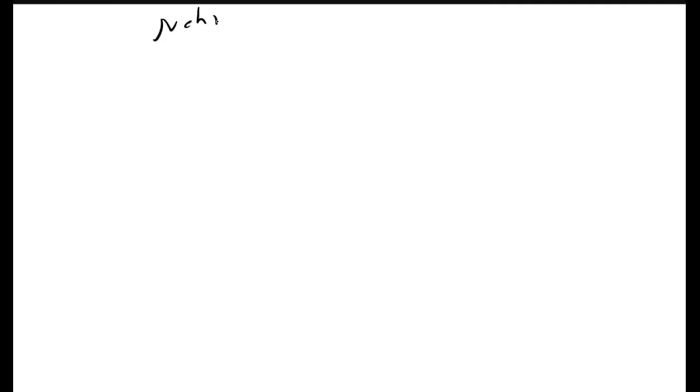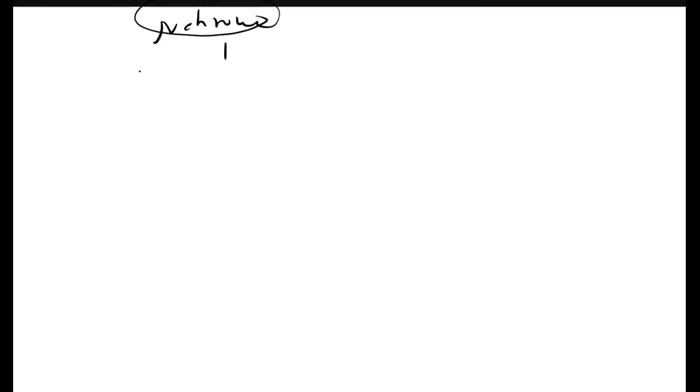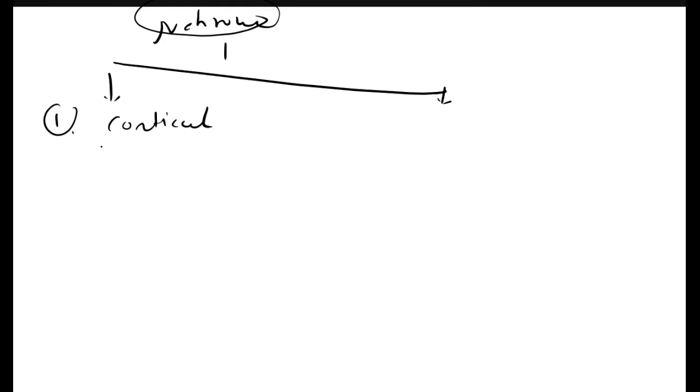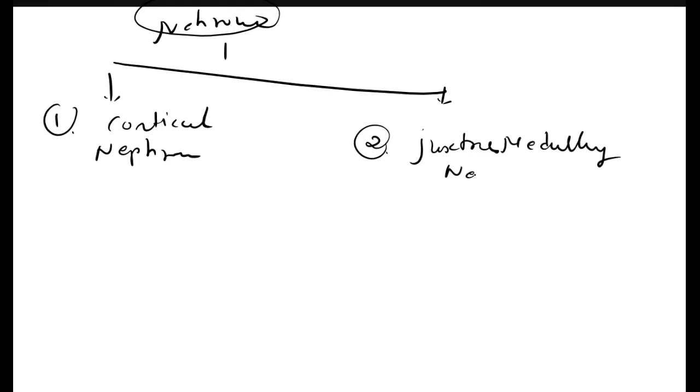Let's see again: the nephron is divided into two parts. The first is the cortical nephron, and the second is the juxtamedullary nephron.